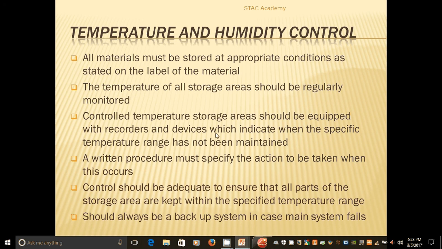Controlled temperature storage areas should be equipped with recorders and devices which indicate when the specific temperature range has not been maintained. A written procedure must specify the action to be taken, to whom it is to be informed, and when this occurs. Control should be adequate to ensure that all parts of the storage area are kept within the specified temperature range.